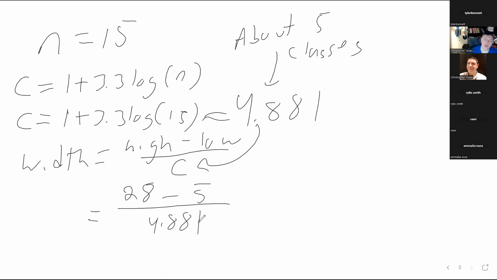Now don't forget, whenever you plug things in, make sure you put it in parentheses. And then we're just going to approximate this. Similar to C, if a few of you can compute that, I'll do it as well just to make sure we're all on the same page.